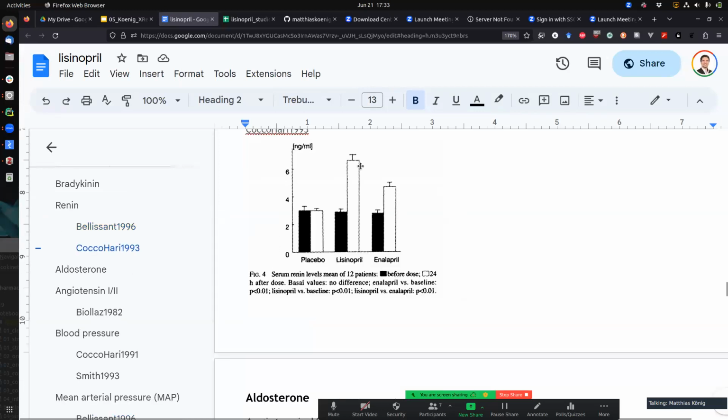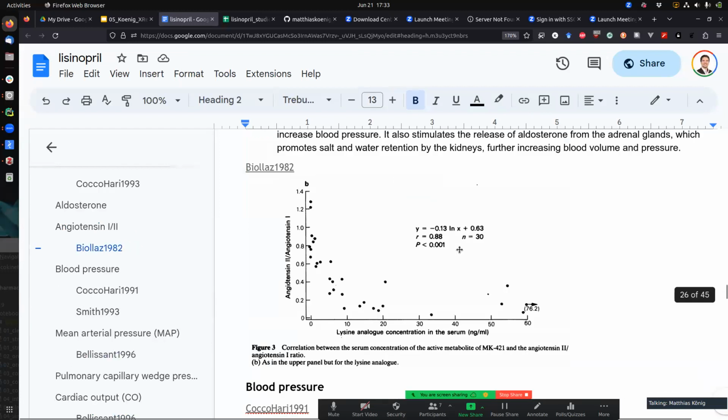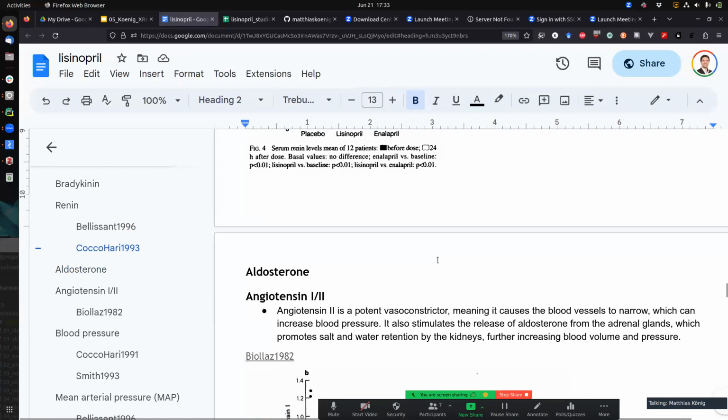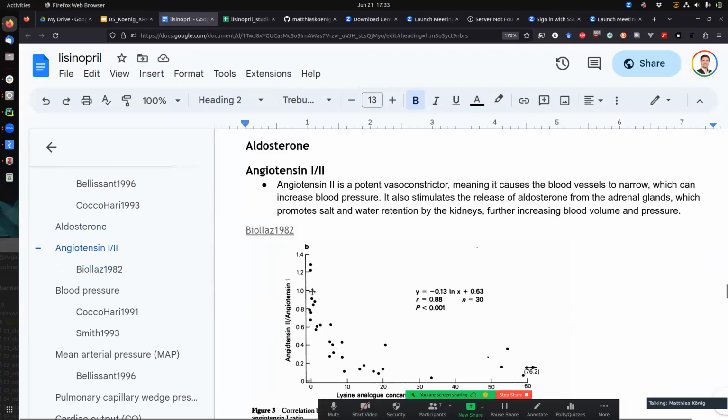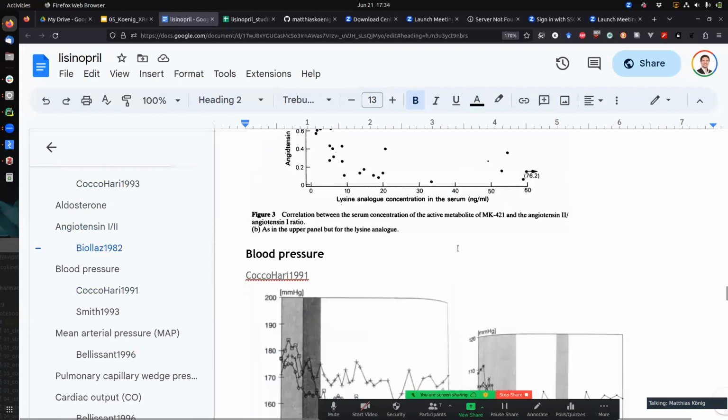On renin, we also see pretty strong effects, especially compared to placebo, where nothing is happening, and in enalapril we see similar directions, just with a different inhibitor. For angiotensin 1 and 2, which are also very close to the ACE, we also see a nice dose response curve, so it's also pretty good.